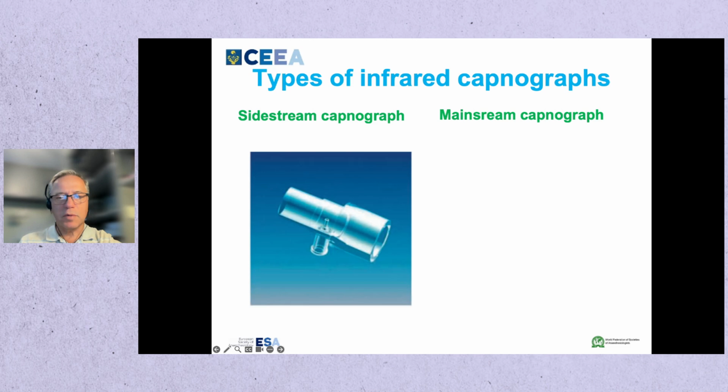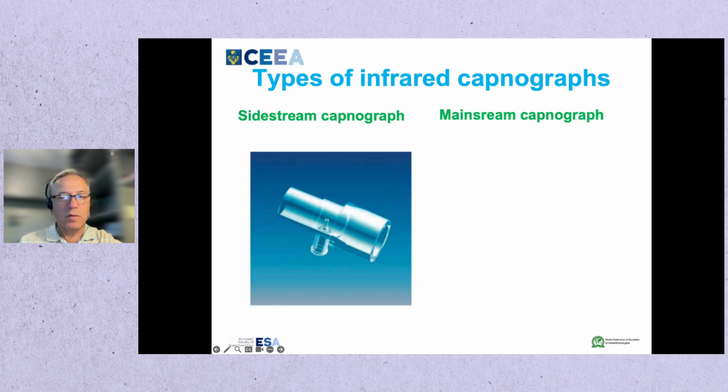Following CO2 measurement, the gas is either returned into the expiratory limb of the breathing circuit, of particular relevance to low flow anesthesia, or gas can be scavenged. So if you're using low flows, this side stream capnograph will interfere with your low flow technique.